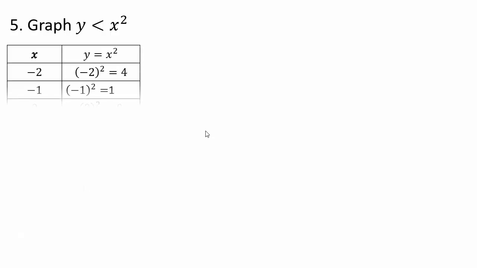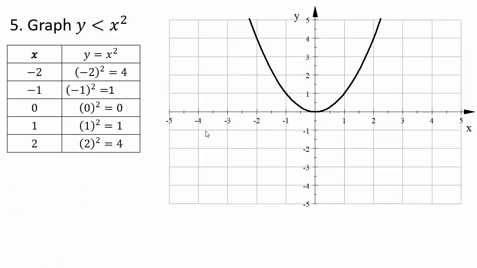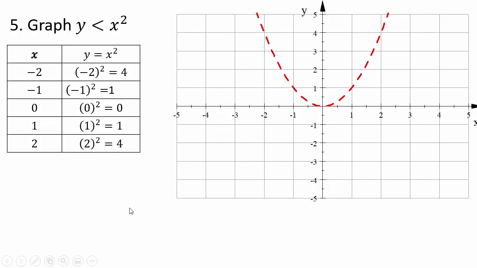All right, the curve is y equals x squared, a parabola, which we already know how to graph: plot points and connect. So there's our y equals x squared. If you want y less than x squared, all the points on the parabola will not be part of the solution, so we'll have to make the graph dotted.